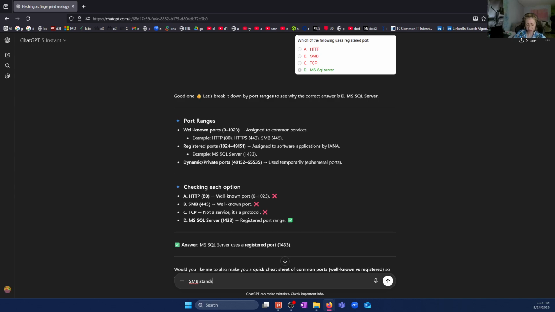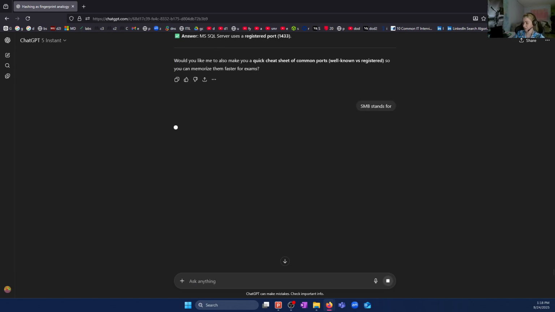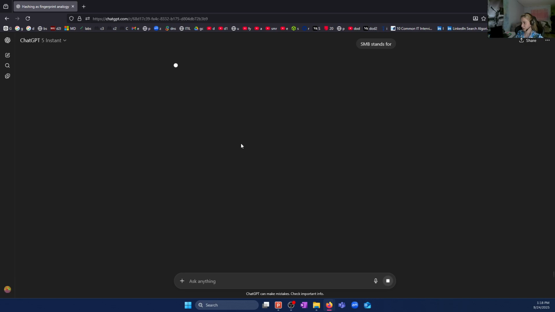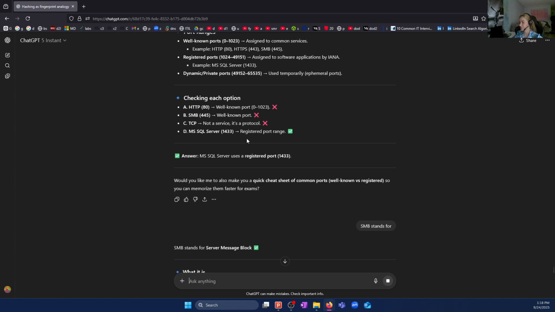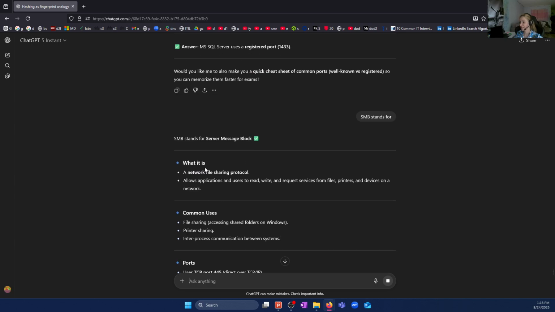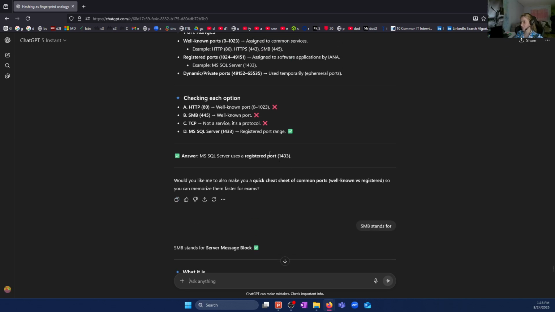SMB stands for simple message block. No, server message block. A network file sharing protocol. Allows applications and users to read, write, and request services from files, printers, and devices on a network.